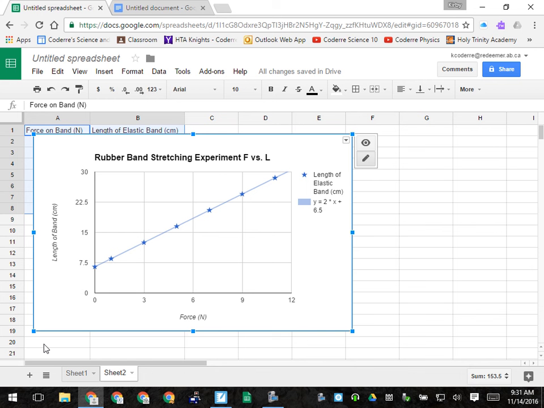It tells me that every 2 centimeters of length stretching is going to require 1 newton of force. 2 centimeters per newton is my slope, because when I take y in centimeters and divide it by x in newtons, I get the units of centimeters per newton. Every 2 centimeters requires 1 newton of force.